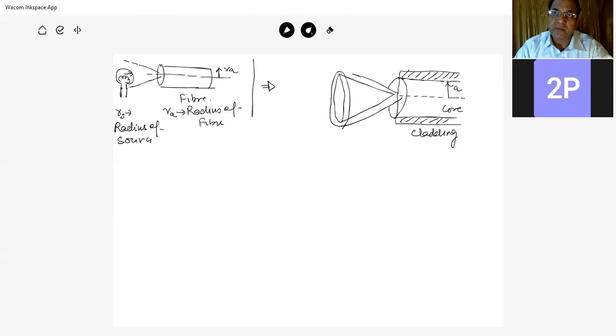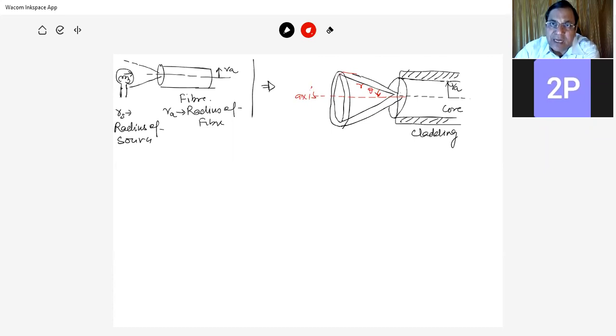Inside is core. This is RA, the radius of core. Now the angle, this axis is there, and from this axis this is the angle theta.